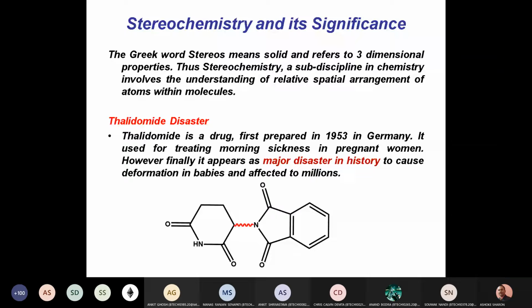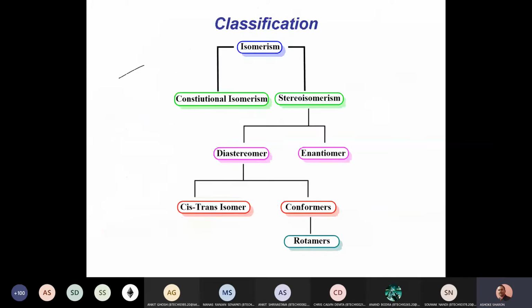And then we discussed what constitutional isomerism is, how we can define it, and then stereoisomerism, how diastereomers, enantiomers, cis-trans, conformer, rotamer.